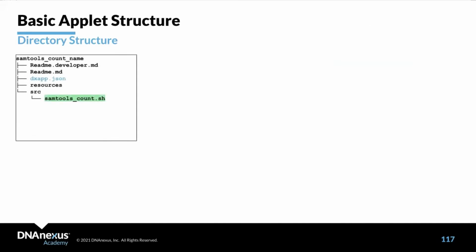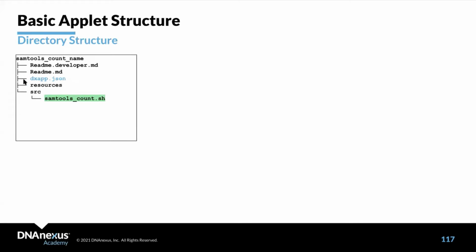So with the directory structure of a basic applet, our toy applet example, this is the structure that you get out of the DX App Wizard.